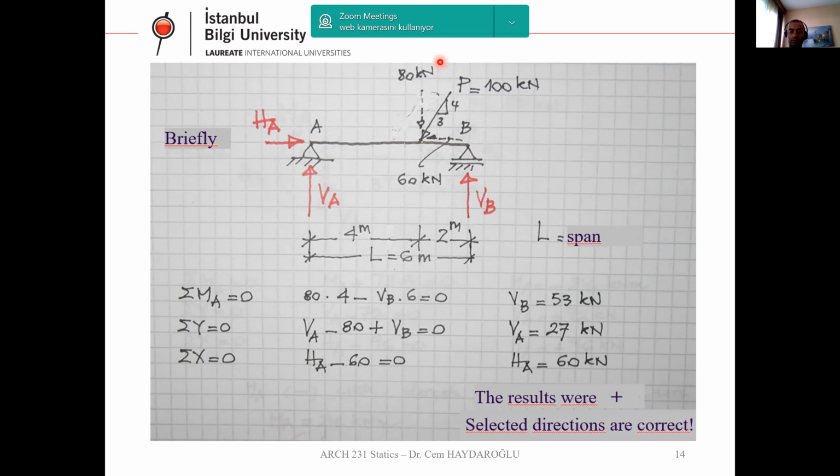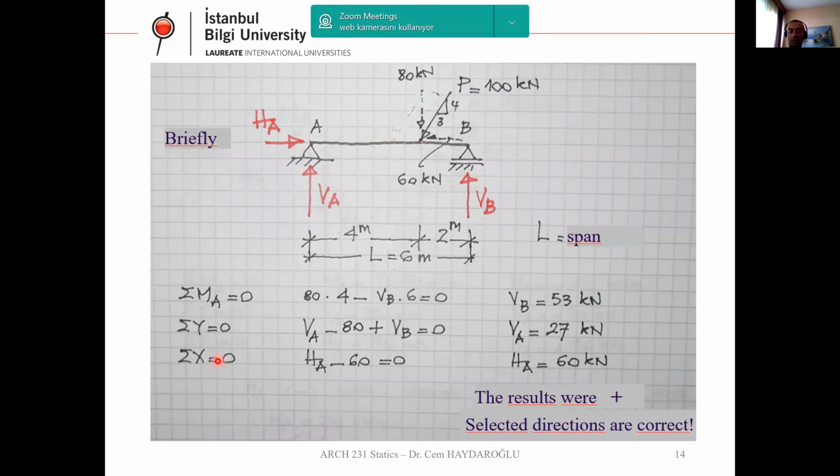Now we have resolved this given force to these two forces. That's okay. Then we have three equations here.